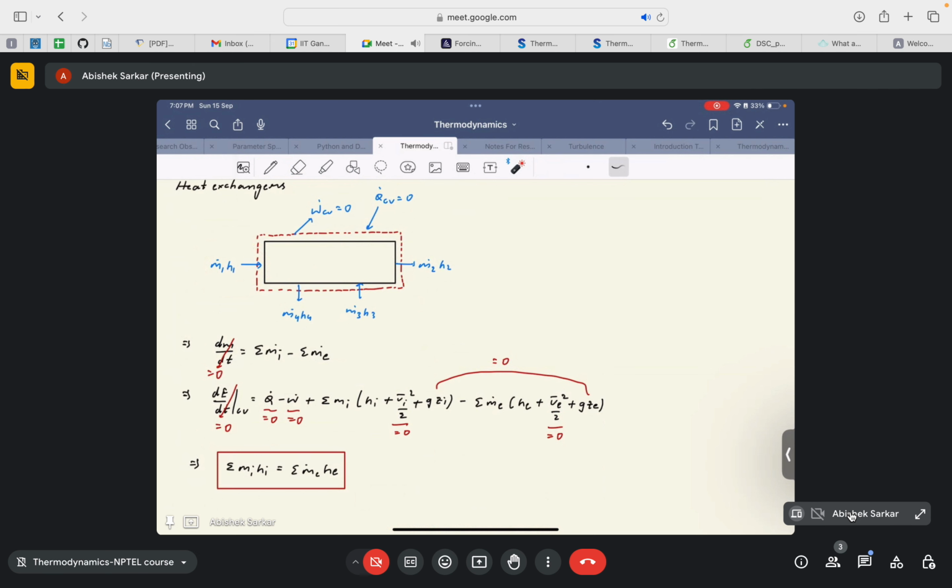So if we are injecting a hot fluid, and we want to exchange the heat, we will input another stream of fluid that is colder than the inlet fluid, so that when they interact with each other, there is an exchange of heat between these two streams that results in the outcoming fluid being much colder than the incoming fluid. Or internally you can assume it such that there is a pipe here that is of our interest.